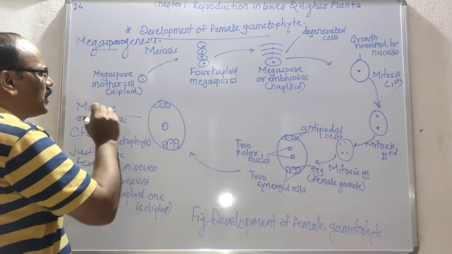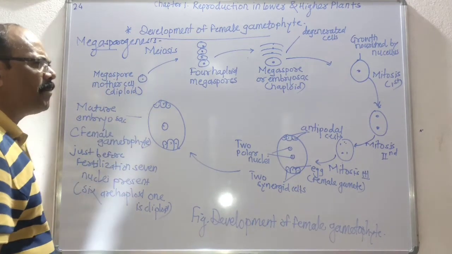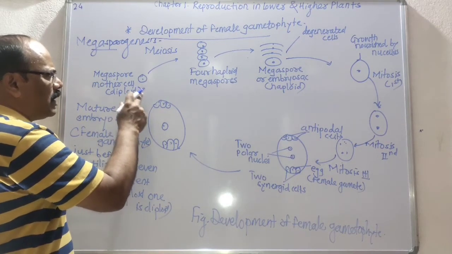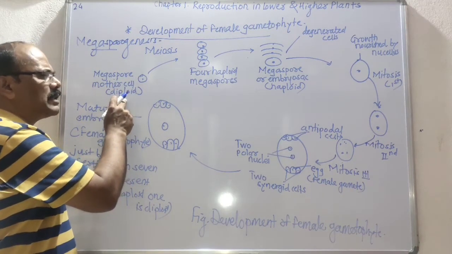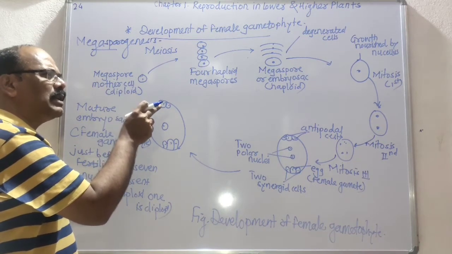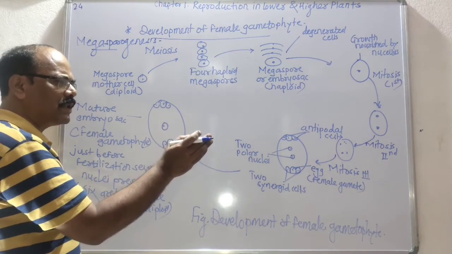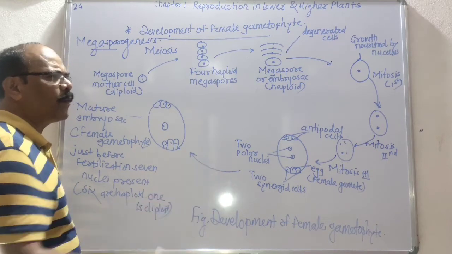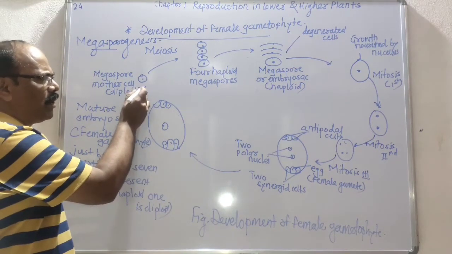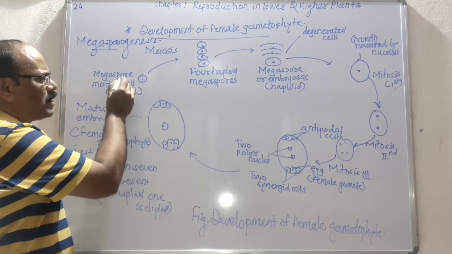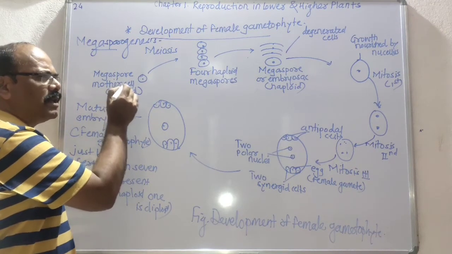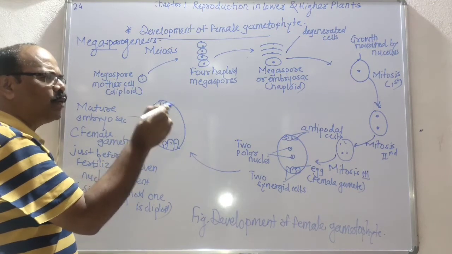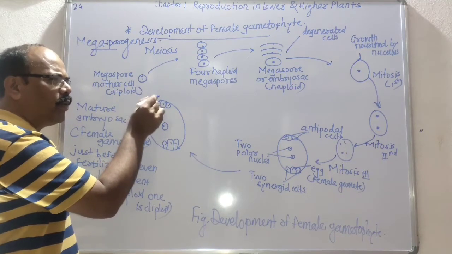The megaspore mother cell gets distinguished in the nucellus, more or less in the center, but towards the micropylar end of the ovule.